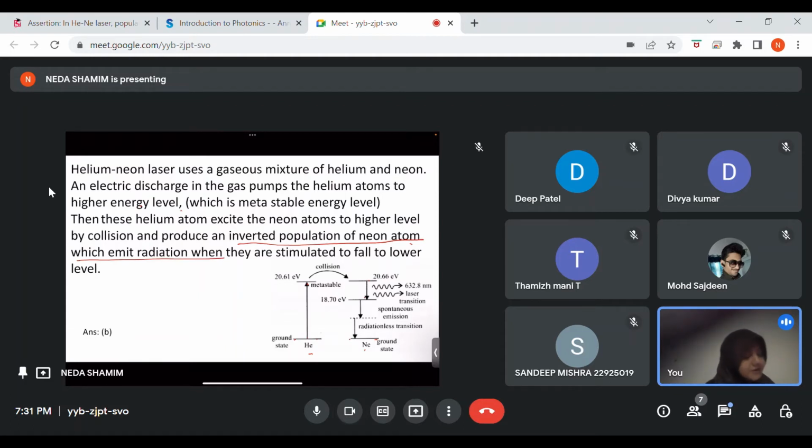But in this we can have spontaneous emission, and we can have non-radiative transitions as well. About this you might read later, like how this noise because of the spontaneous emission of the system can be reduced.